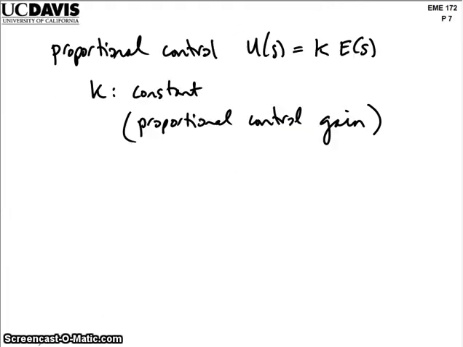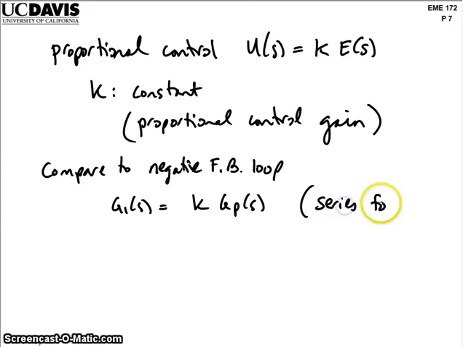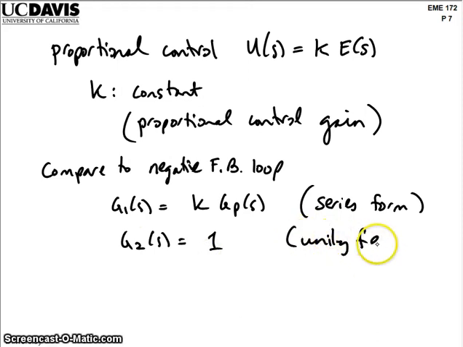If we compare to the arbitrary negative feedback loop, we could write that G1, the forward path, is equal to K times GP. That came from the series form, right? And G2 of S is just a 1. So this is what it means for it to be unity feedback.